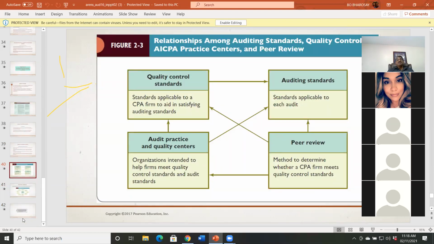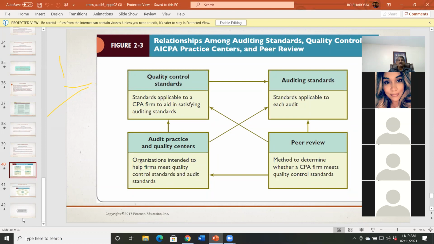Relationship among auditing standards, quality control standards, and peer review. The quality control standards are set by the firms themselves to make sure that we are putting out good quality work. The auditing standards are applicable to audits only, whereas the quality control standards are applicable to all work that the firm does.